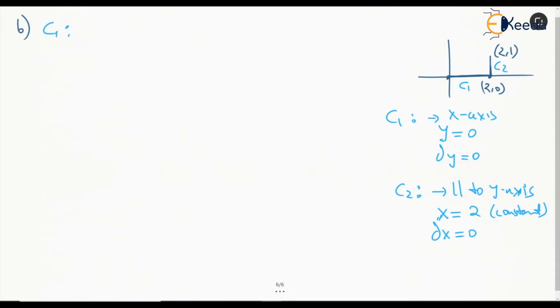For C1, this z conjugate square, which is x square minus y square as the real part and minus 2xy. So for C1, this integration, we can see that x starts from 0 and moves up to x is equal to 2.